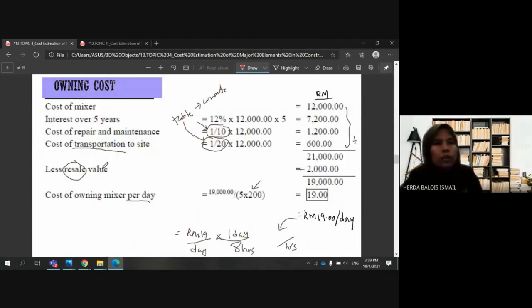I just want to emphasize, if the question states a resale value, consider it. If not stated, do not predict or assume any value as a resale value. In reality it's different, but for the purpose of the examination, you need to stick with the information stated in the question.